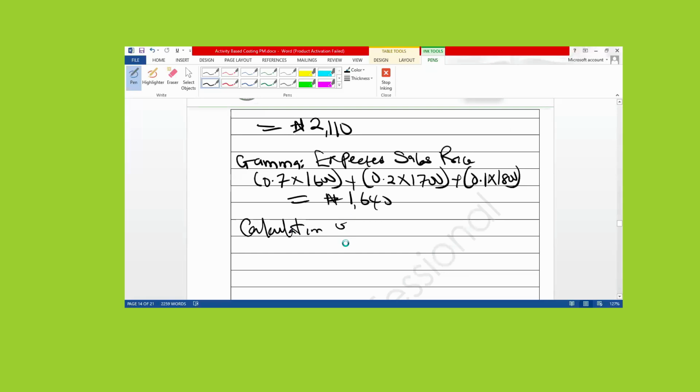Calculation of profit or loss using traditional costing system.